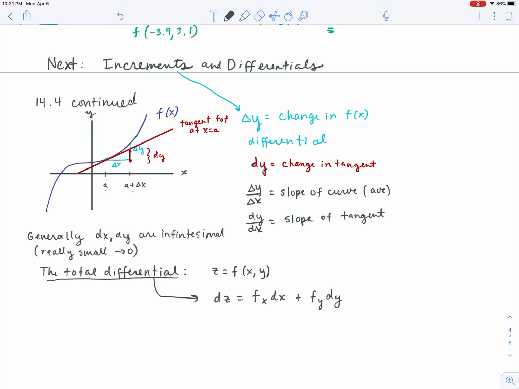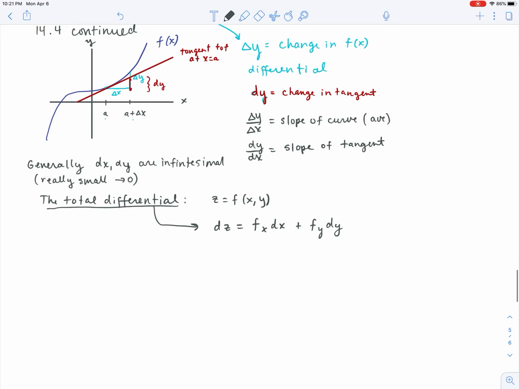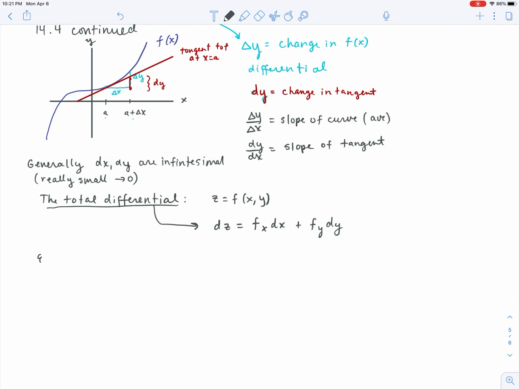So the total differential is the sum of the partial derivatives times the differentials. And you can use this to calculate error. So for example, dx is going to be the error in the x direction.